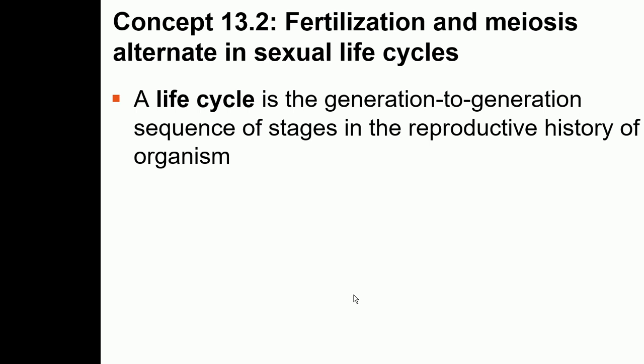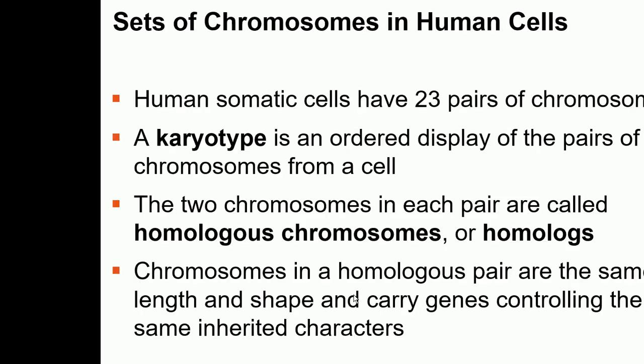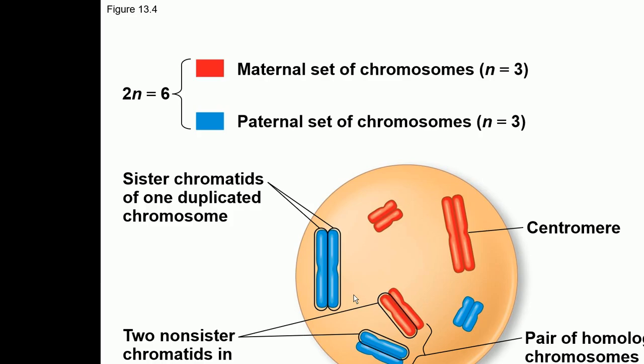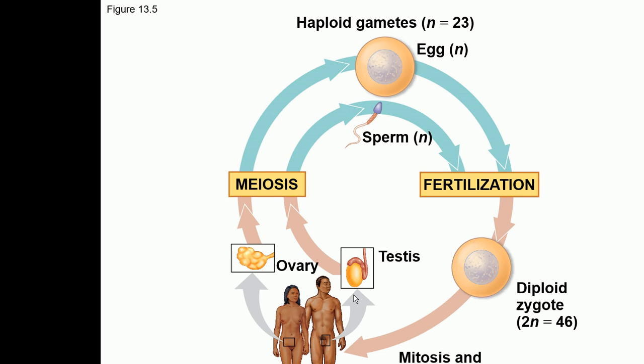So basically, fertilization and meiosis. We have already talked about this, but I will go over here and explain the life cycle. I talked about this in the last chapter also. Life starts at the point of conception, when the sperm fertilizes the egg.